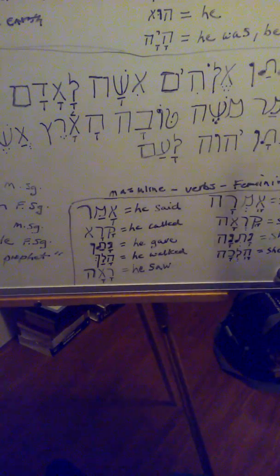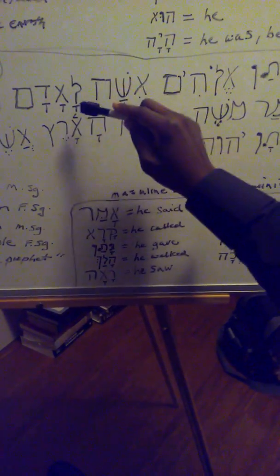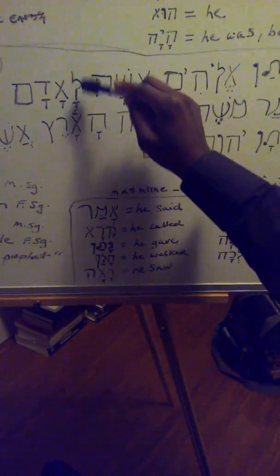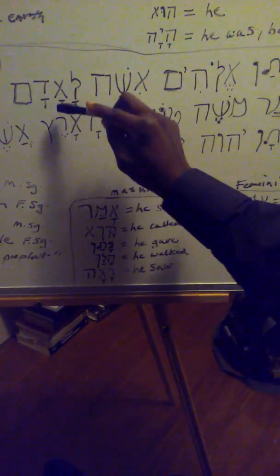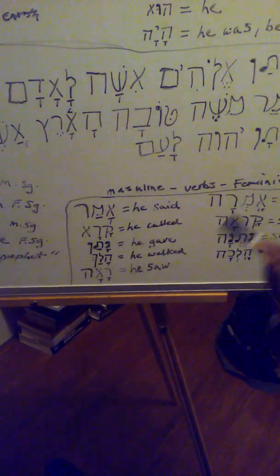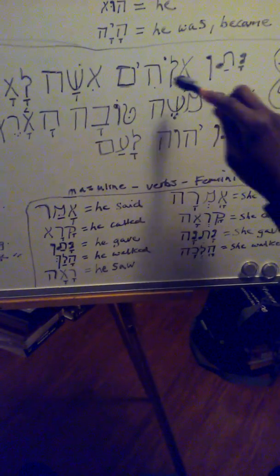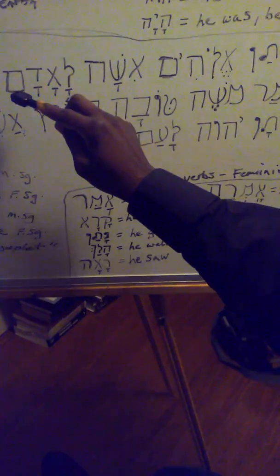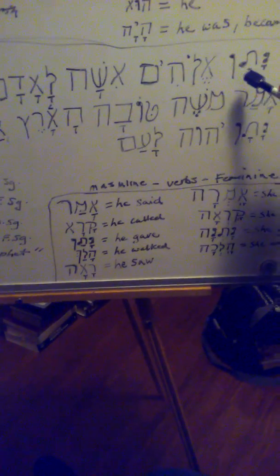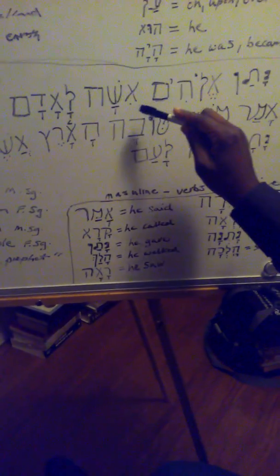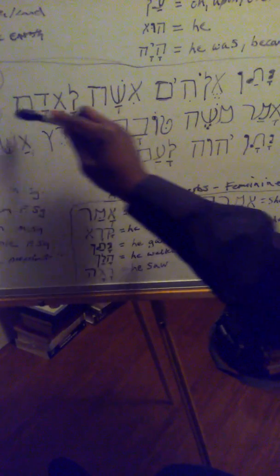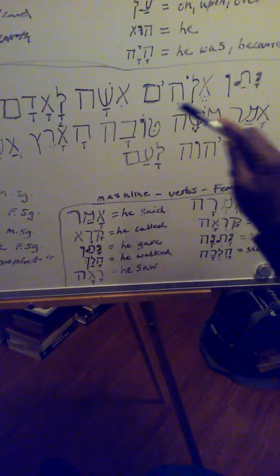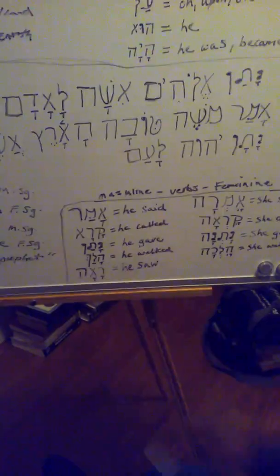God gave a woman, la-Adam. La is to, Adam is man. So it is God gave a woman to a man. Interesting. Natan, Elohim, Isha, la-Adam. God gave a woman to a man.